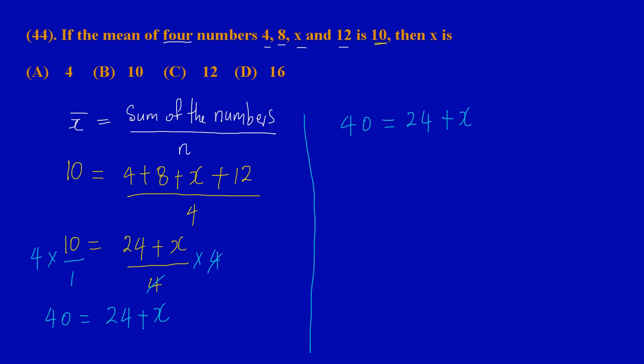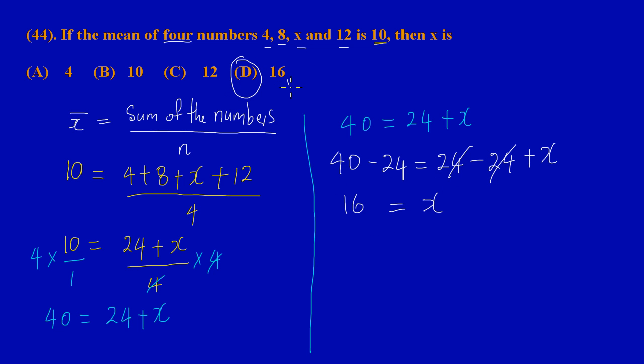To remove the 24, we subtract 24 from both sides, so we have 40 minus 24 is equal to 24 plus x minus 24. A positive 24 will cancel out with a negative 24, and 40 minus 24 will leave us with 16, is equal to x. So our value of x is 16. Obviously that's option D, my friends, the correct option. Hope this was helpful. See you in the next videos.